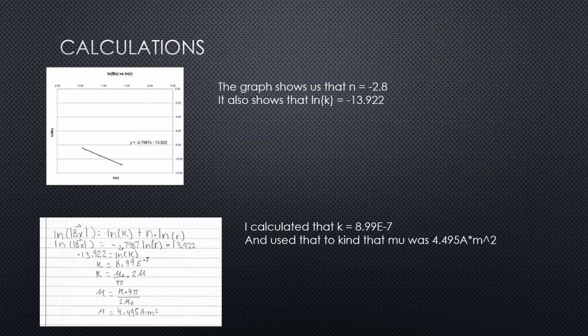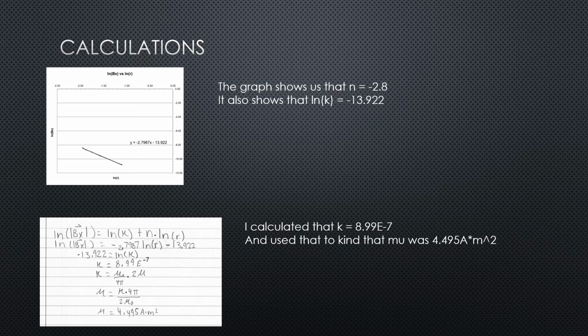So the calculations are mostly for that first part of the lab, and I found that the N value was going to be negative 2.8, and then the natural log of K was negative 13.922, and I did that simply by reading off the function for the graph that they had set up for us.